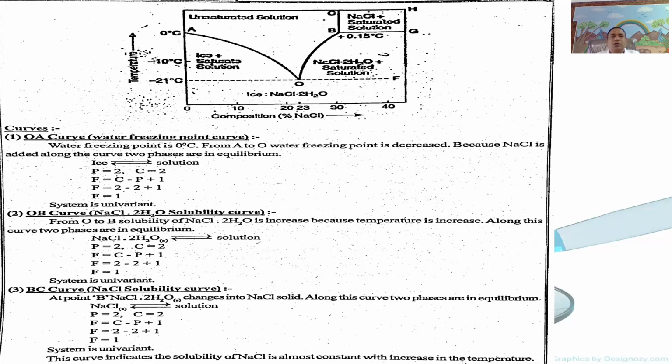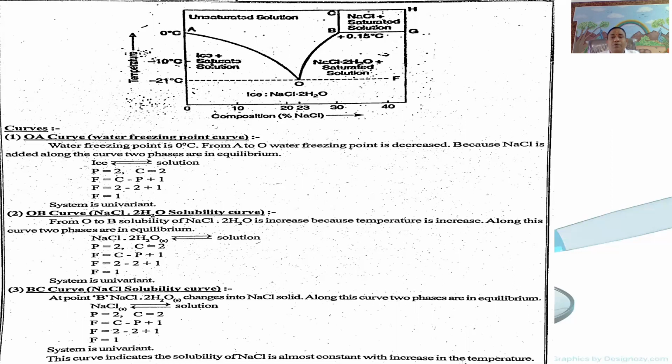This potassium iodide water system has only solid and liquid phases with the absence of a gaseous phase. Therefore, it is also a condensed system. Here, for a condensed system, the reduced phase rule is applicable.